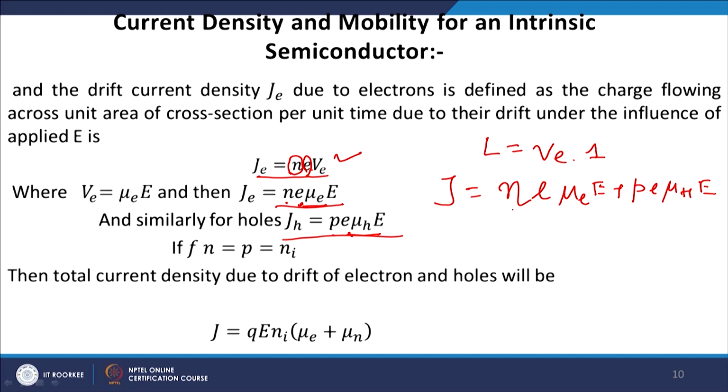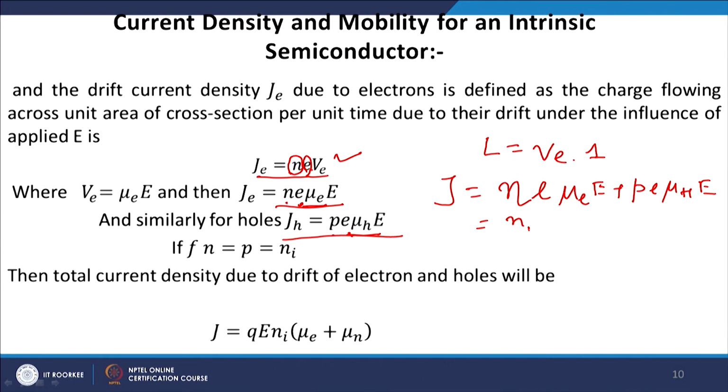But you can write n and p in an intrinsic semiconductor as ni. So, basically this is ni e mu e E plus ni e mu h E, right.